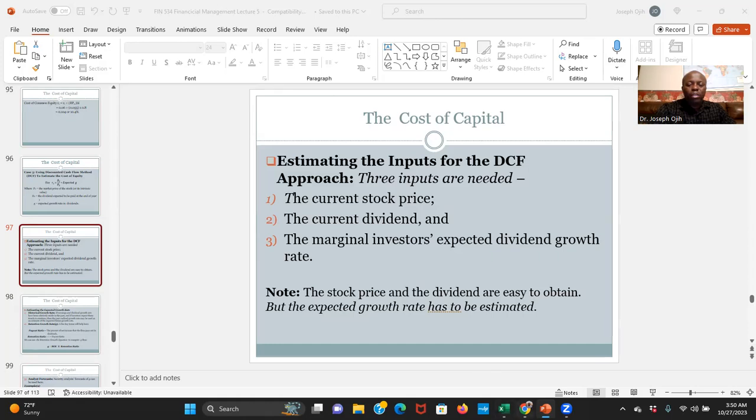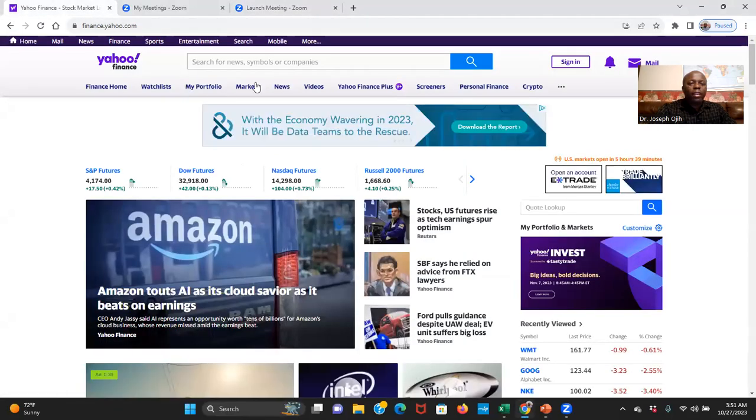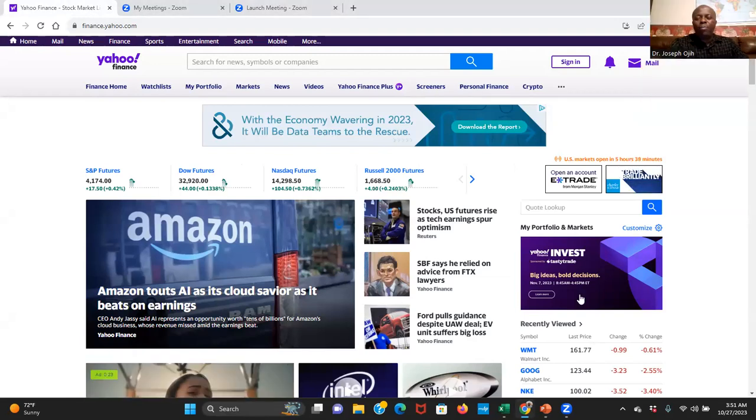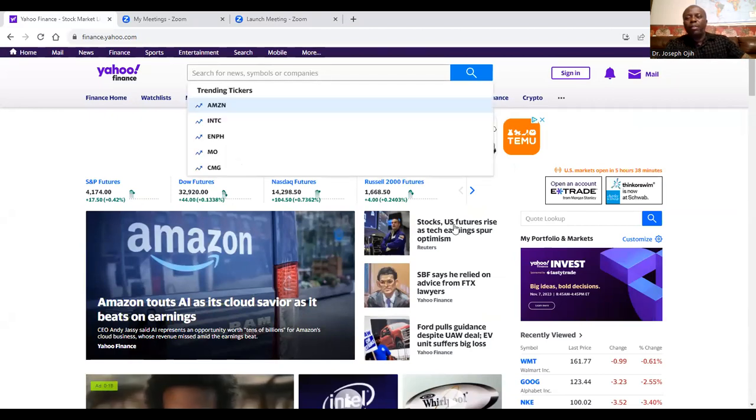Let me show you this. You can go to Yahoo Finance, for example. If it's a company that pays dividends, you can get it from there. Let me try ExxonMobil, for example.